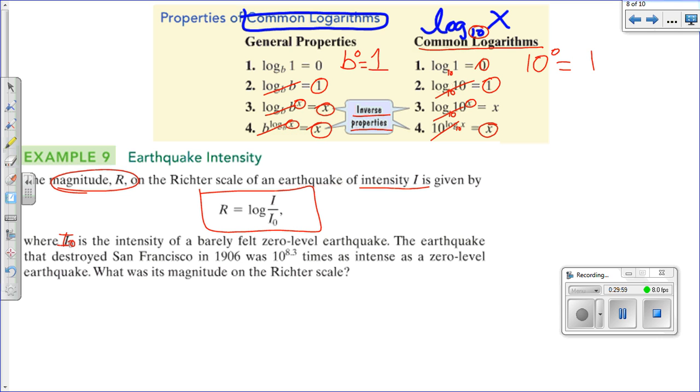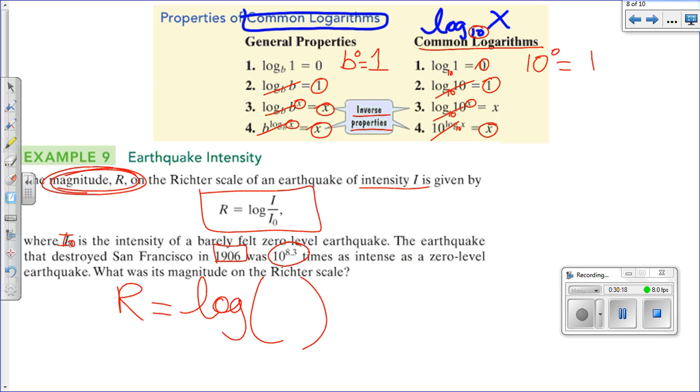So to find the magnitude, remember magnitude is represented by R, so we're going to use R is equal to the log, and then we will need the ratio of the intensity given for that earthquake in 1906 divided by the initial intensity.